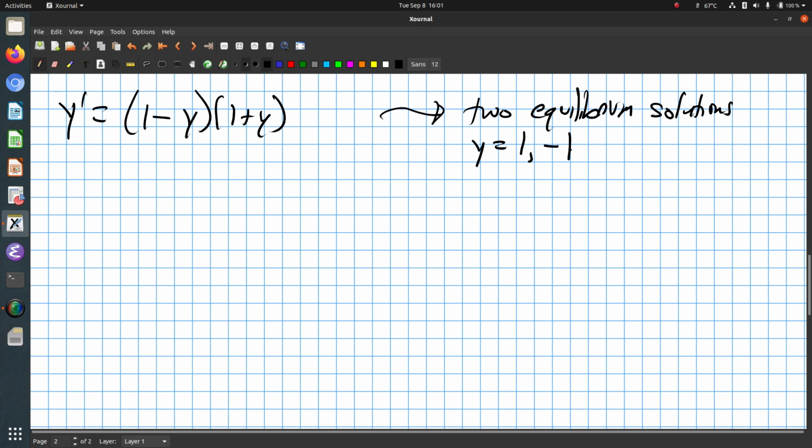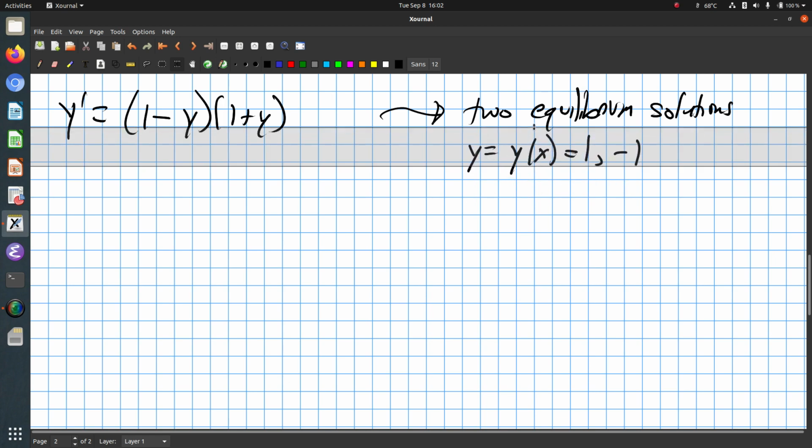If I put in 1 or negative 1 for y, remember these are functions of x, I would get 0 for y prime, and that means that the solution is constant. Okay, all right, so given that particular observation, let us proceed.